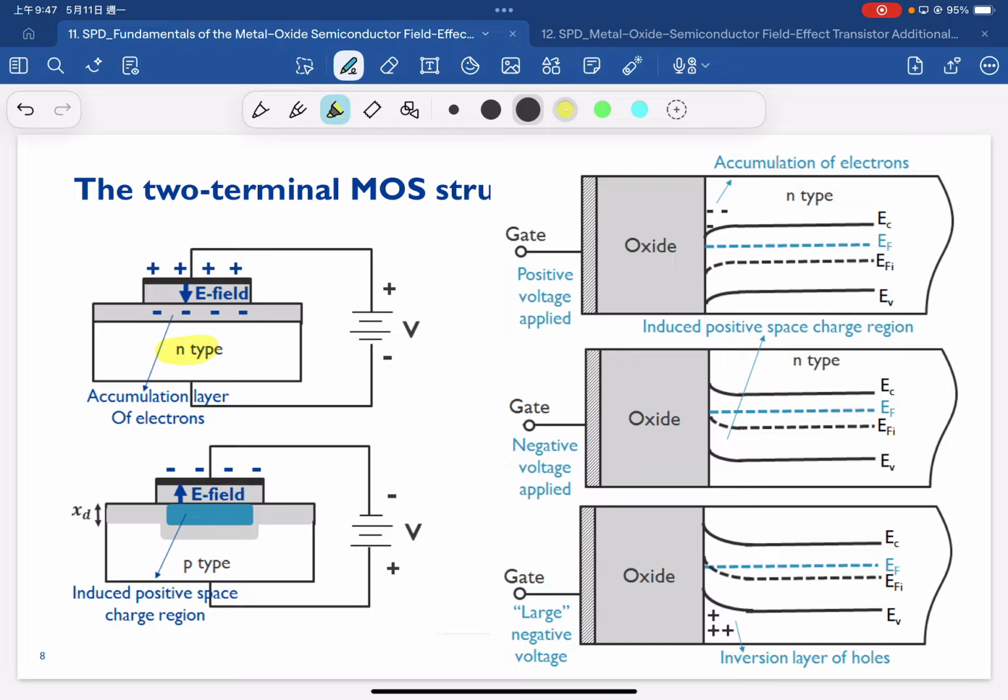So if we take into account an n-type substrate, then we have a completely opposite consideration. For example, once we apply a positive gate bias, our Fermi energy gets closer to the conduction band, so we will have an accumulation of electrons.